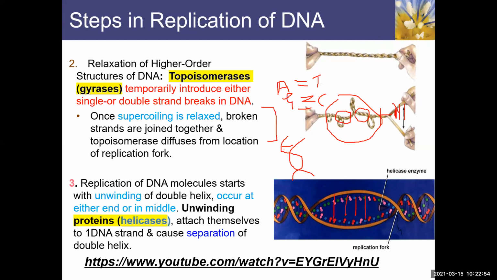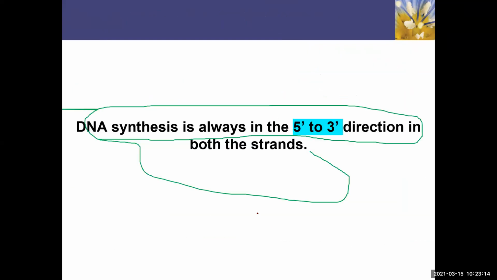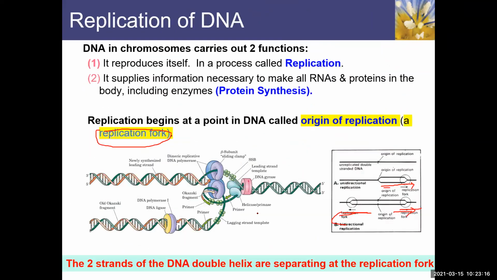And it's because of helicases that this replication bubble is formed when the replication is taking place. There are two replication forks over here. Two forks are formed only because the helicases have attached themselves to one strand of the DNA. If you see here, there's a diagram over here. This is a diagram from your book.